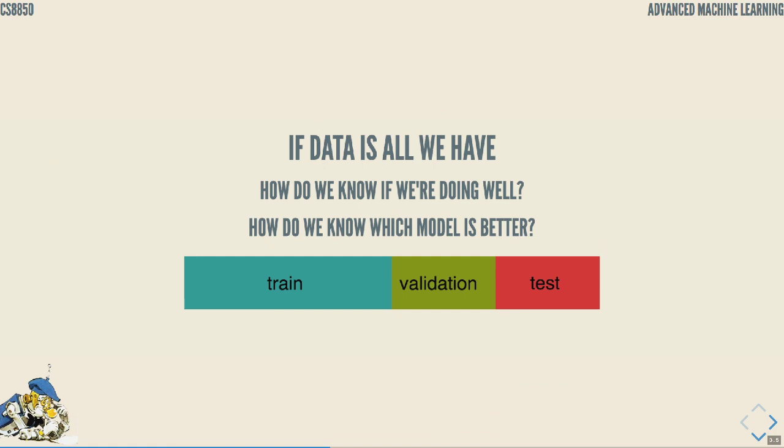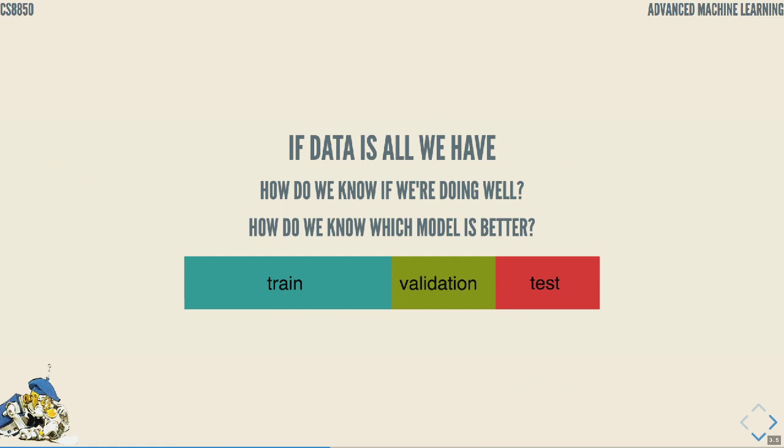is better? So traditionally, to answer those questions, and having in mind that our goal is generalization, we don't simply want a classifier that we're working with to perform well on the data that we have at hand. We want the same classifier to work well in practice, in the wild.